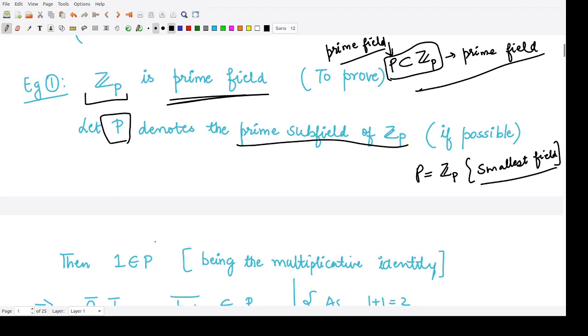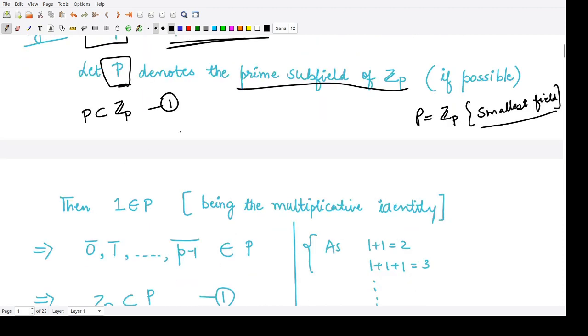Because we have considered P to be the prime subfield of Z_P, that means we will say P is a subfield of Z_P. So this is equation number 1. And next we will show that Z_P is also contained in P. So if these two conditions are satisfied, we will say that these two fields are equal, and then because P was a prime subfield, our Z_P, integers modulo P, is also a prime subfield.